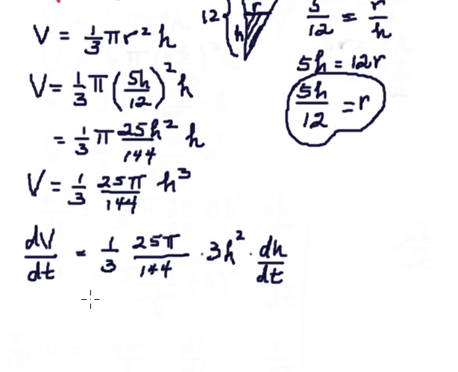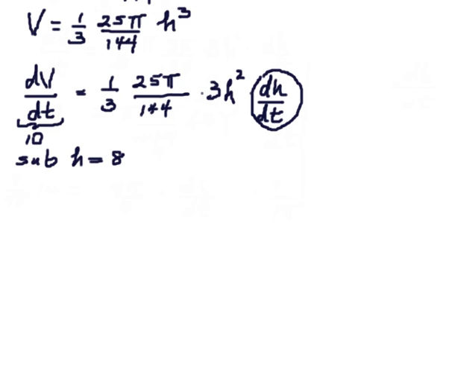Now remember we want to figure out what dh/dt is when h is equal to 8. That was the original problem. And dV/dt is constantly 10. So let's just substitute h equal to 8, and then we'll pretty much be done.